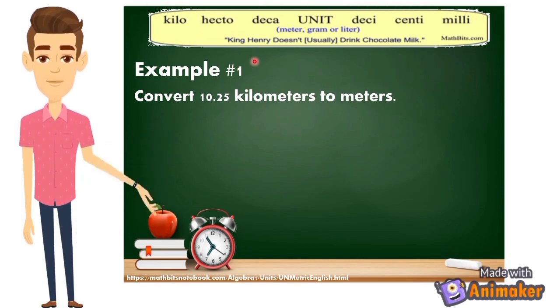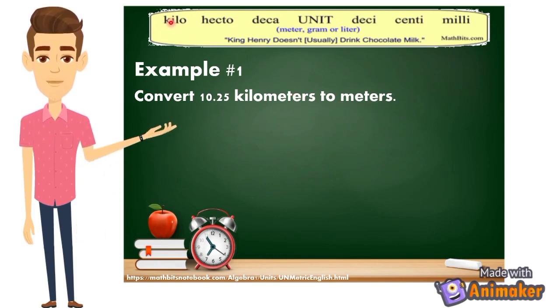Dito tayo magbe-base kung ilan bang decimal places i-move natin kung right ba siya or left. So, based dito, meron tayong given na 10.25 kilometers. Itong kilometers na to ay nandito siya sa prefix na kilo. Then, ko-convert natin siya into meter.